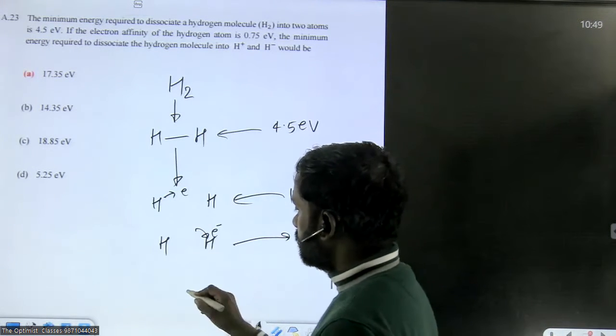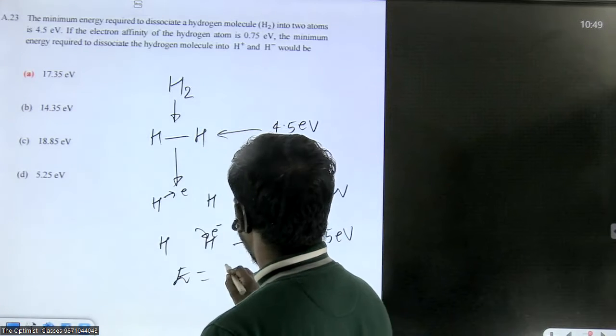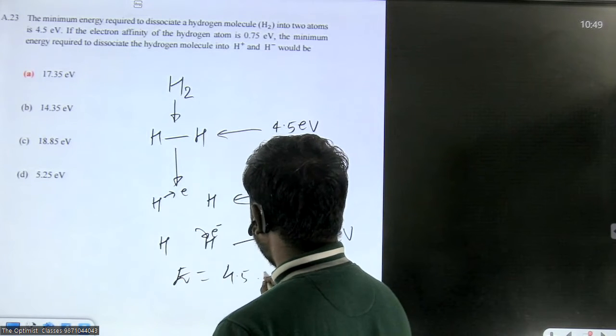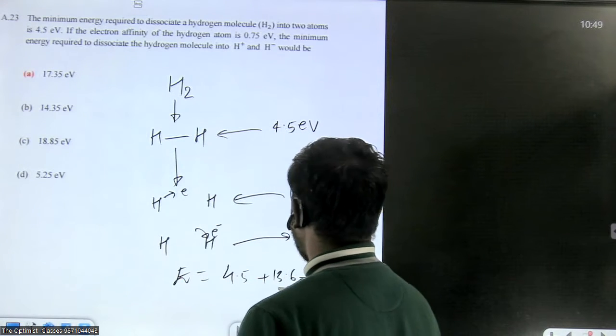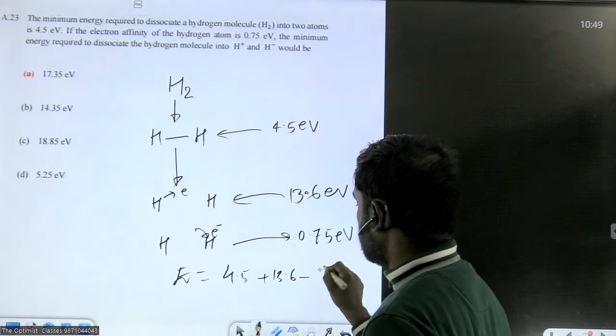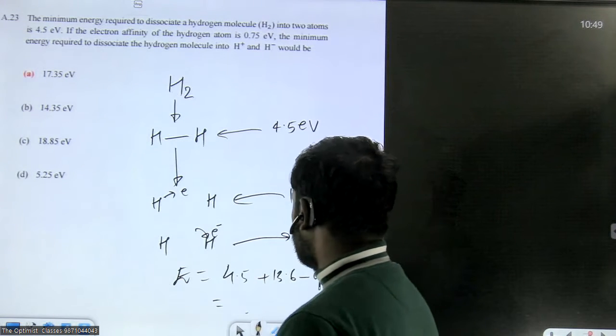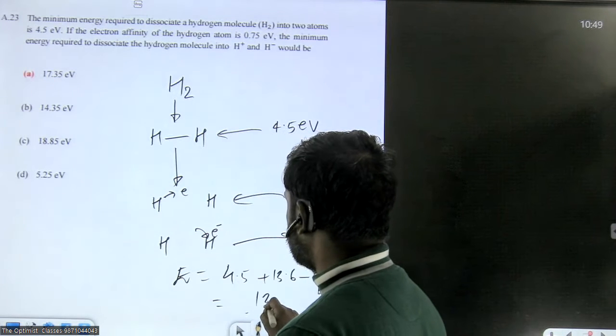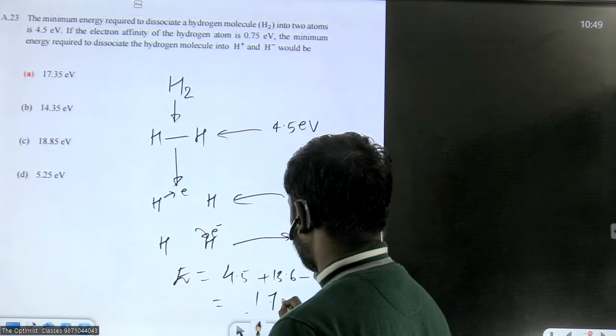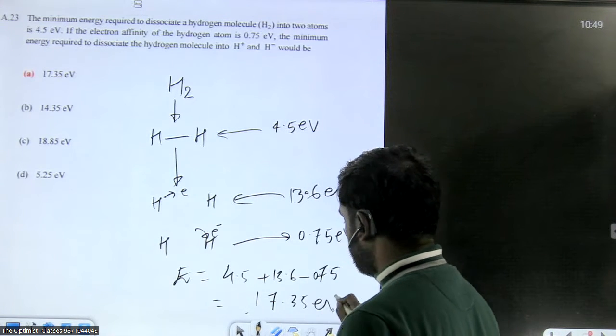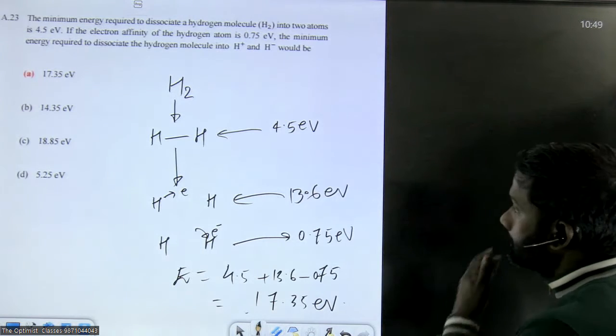So therefore the energy required for this process will be 13.6 minus 0.75. We are giving 13.6, but we are recovering 0.75 electron volt. So that is the energy. Okay, so if you add all this, you get 17.35 electron volt.